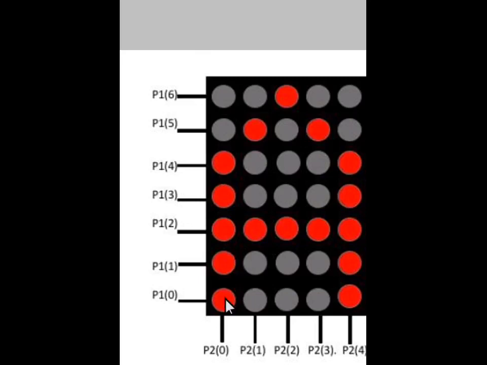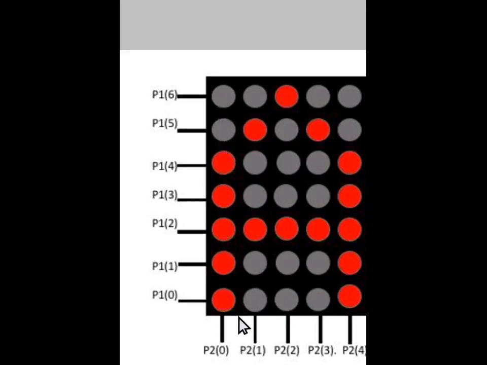So in this case, where 1 is on, we have 1 1 1 1 1 0 0 0. This is the data you are going to enter into the microcontroller. You can't write 1 1 1 1 1 0 0 and stop there. The microcontroller will see it as an error.